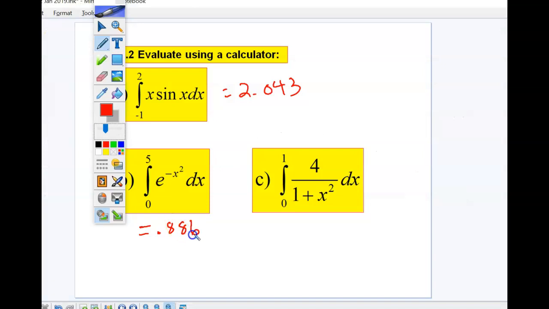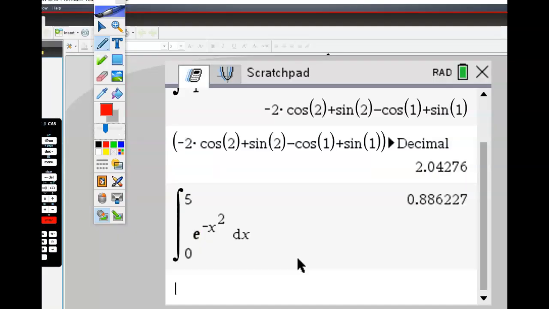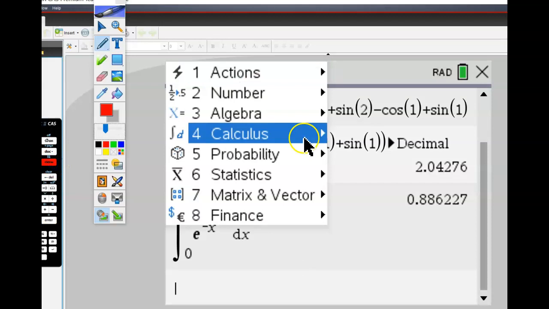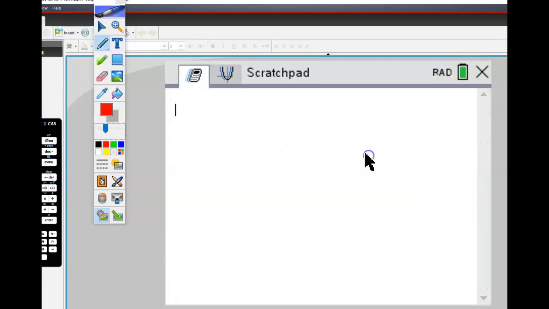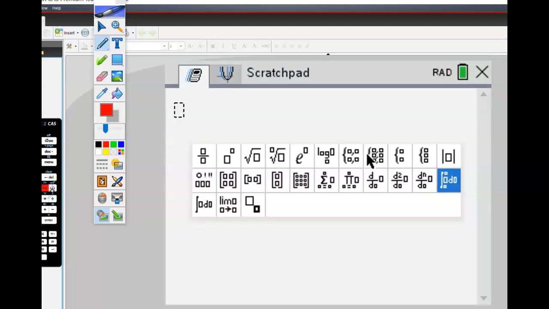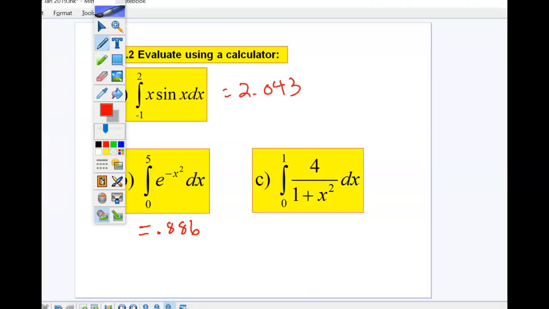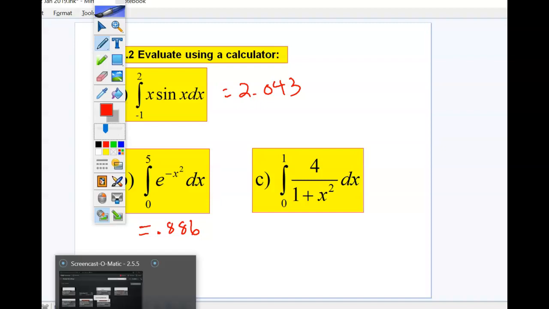So this answer was 0.886. And the last one, you want to be careful with this one because you have a binomial in the denominator. Okay, so we're going to go back to our screen. Again, remember to clear the screen, I just hit menu, actions, clear history. And now I want to do again the definite integral. And this is 4 over 1 plus x squared from 0 to 1.